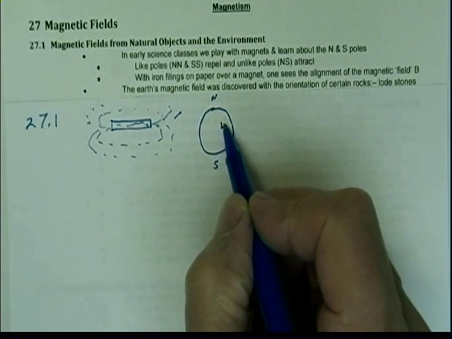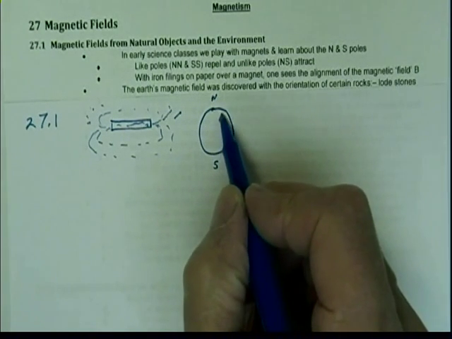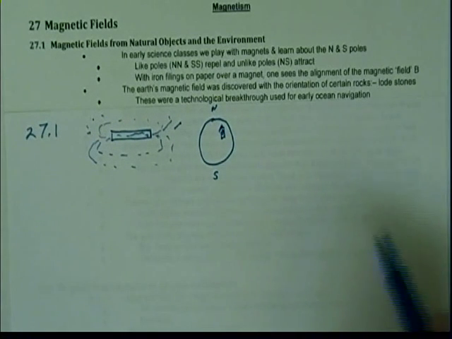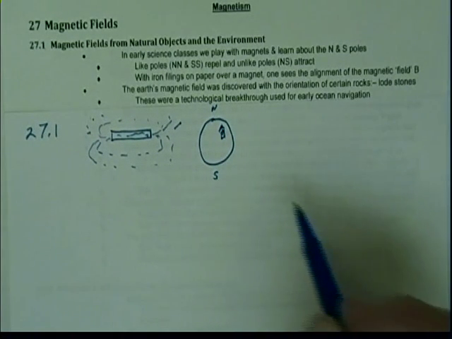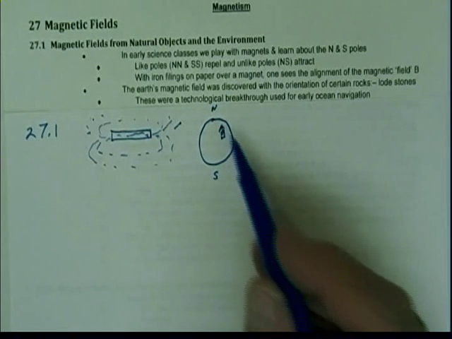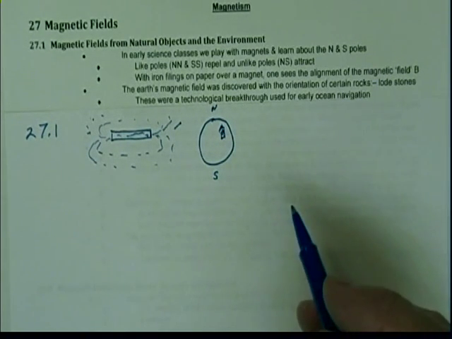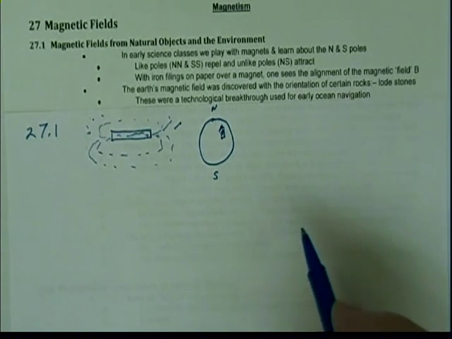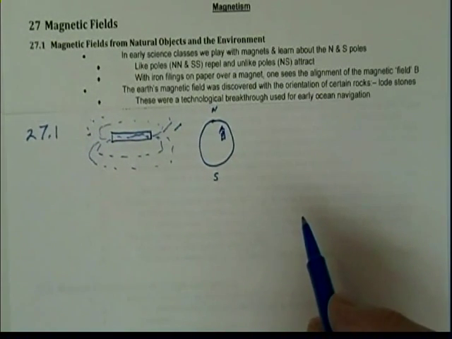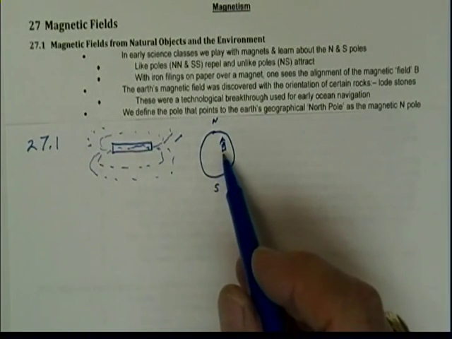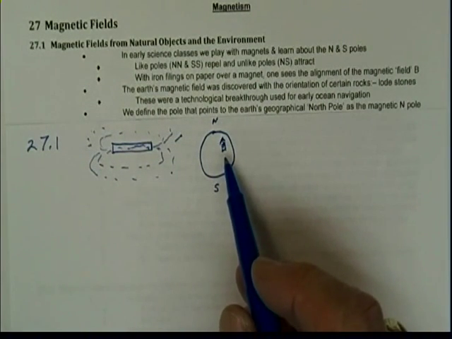And people found that this rock would always point in a particular direction. Well, this was an incredible technological breakthrough for ocean navigation, because people could tell which was north during storms or cloudy days or nights when they couldn't see the stars, and orient either from the sun or other astronomical bodies. Those lodestones were the first magnets that were used by man.